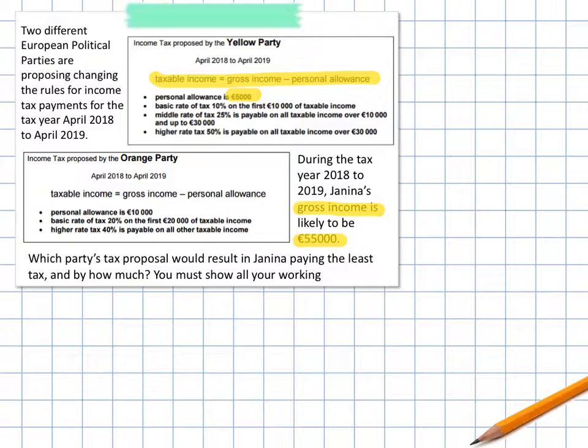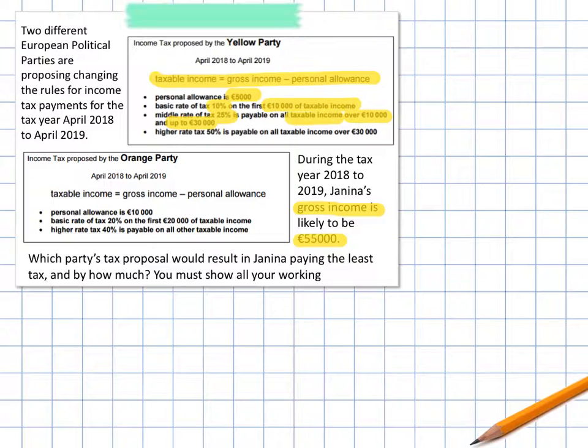Okay, then once we've worked out the taxable income, we're then going to do 10% of the first 10,000 of the taxable income. So not of the total gross income, this specifically says the taxable income. Okay, so that's the next bit sorted. Then we go up to the middle rate, and on the middle bit we have to pay 25% tax, and that's payable on the taxable income, but only the income which is over 10,000 and up to 30,000.